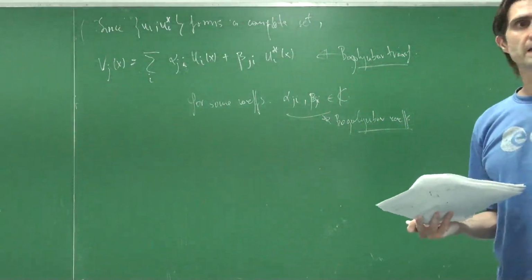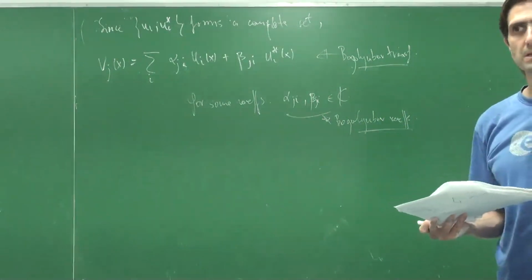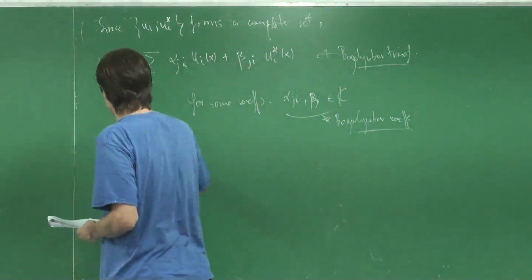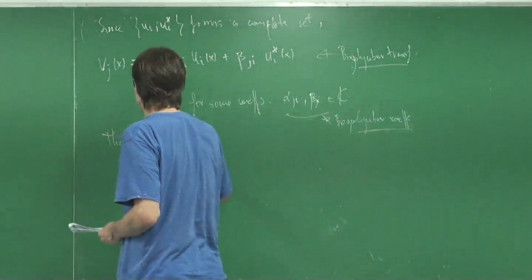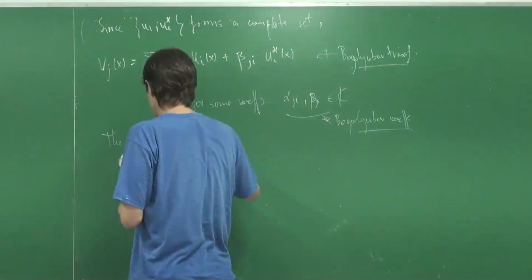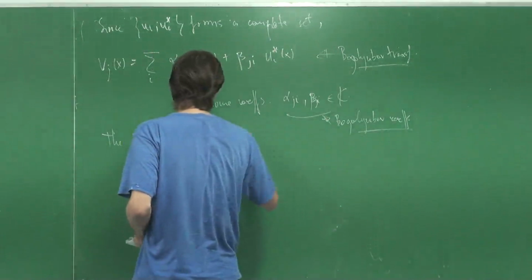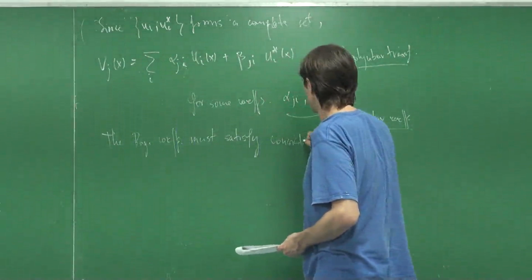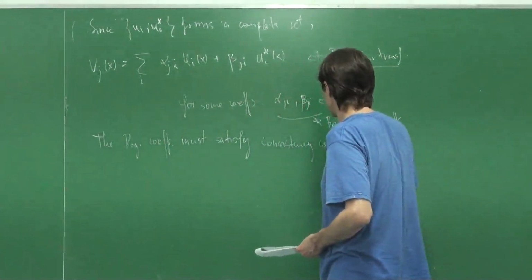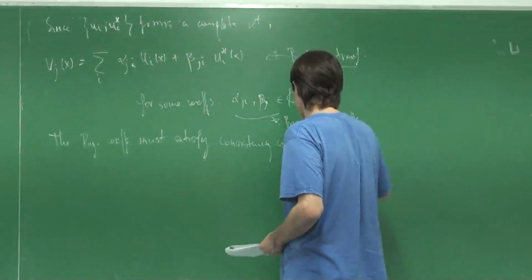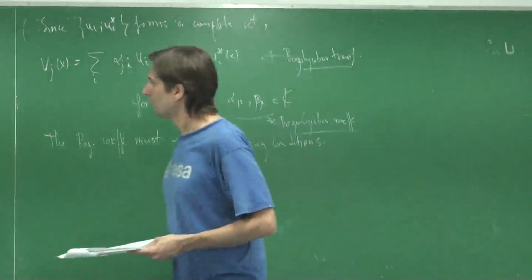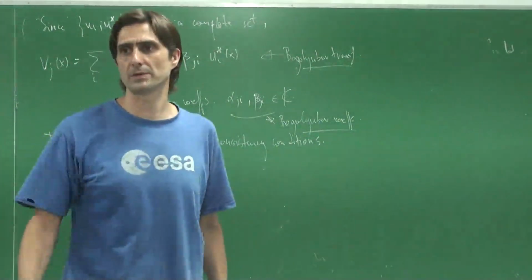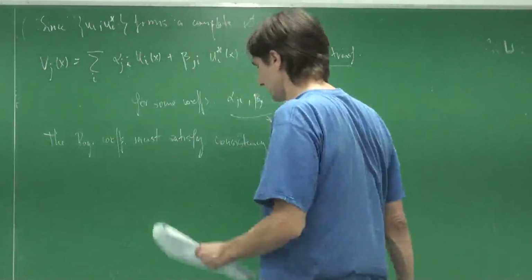Now, you can't choose them arbitrarily. There are some constraints that these coefficients satisfy. So the Bogoliubov coefficients must satisfy some consistency conditions. We need to impose these properties for the inner product.